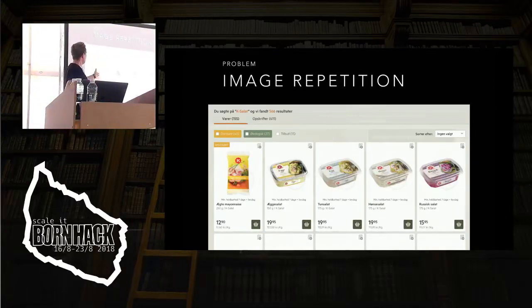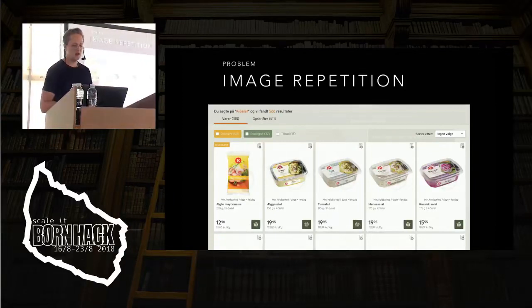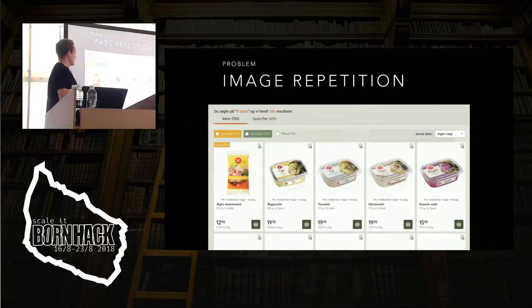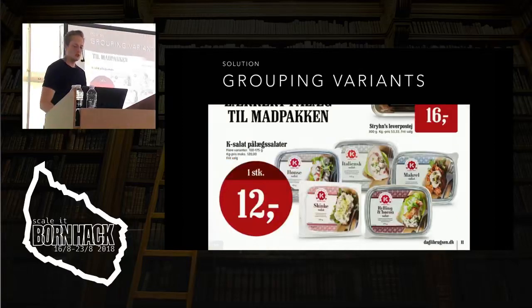In this case, I searched for K-salat, and they basically show these 4 offers, or at least these 3 offers, and they're the exact same product except for one minor thing. The price is the same, and the images look very similar. You wouldn't do this in the physical world because you don't want to repeat yourself too much with images. They look too similar.